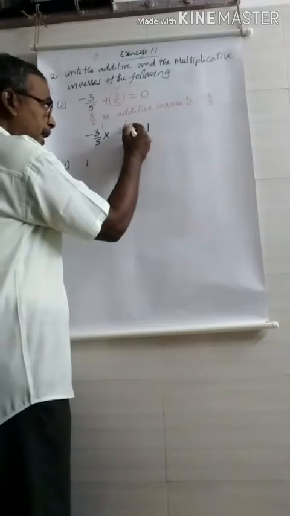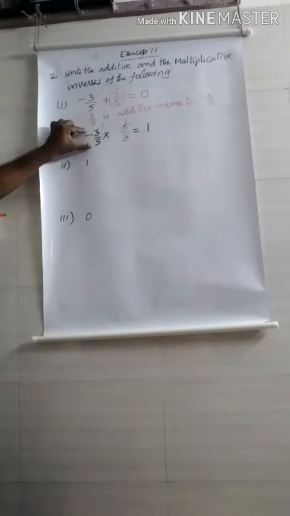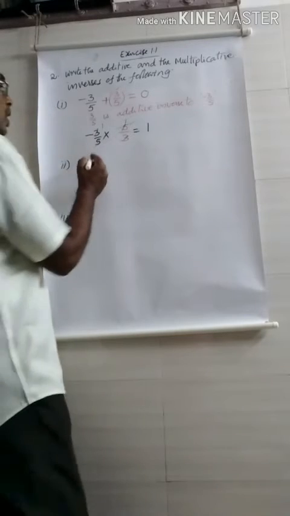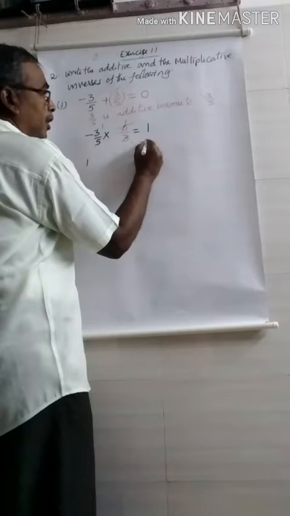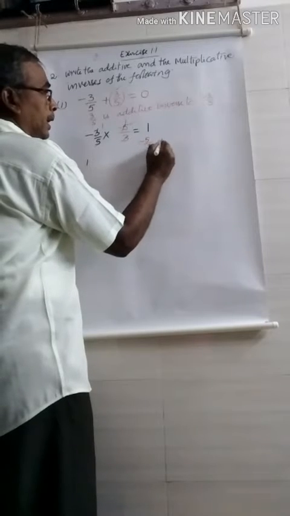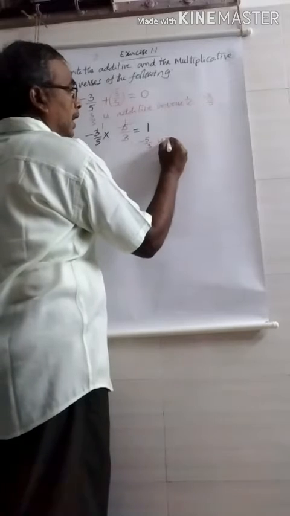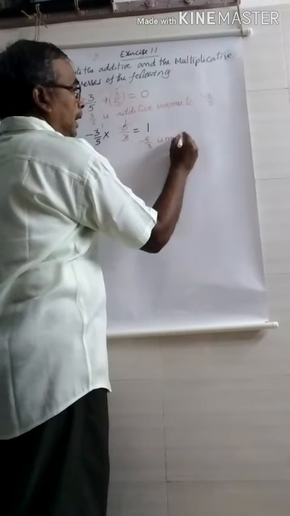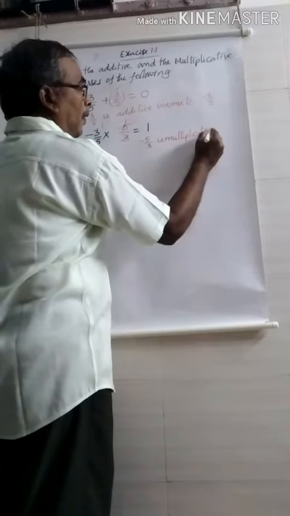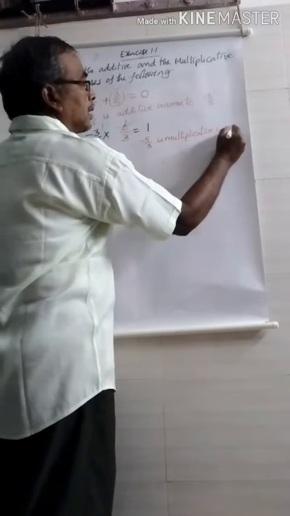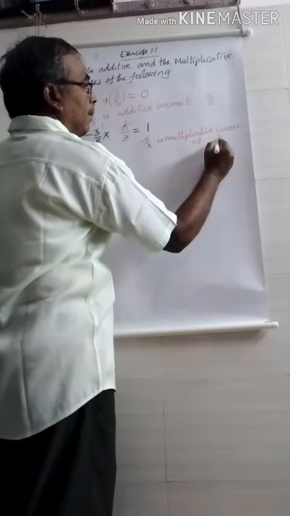How can we get -5/3? Just simply we write the reciprocal of the given rational. So here you write, therefore, -5/3 is multiplicative inverse of -3/5.